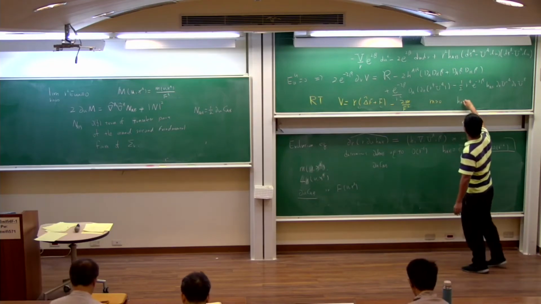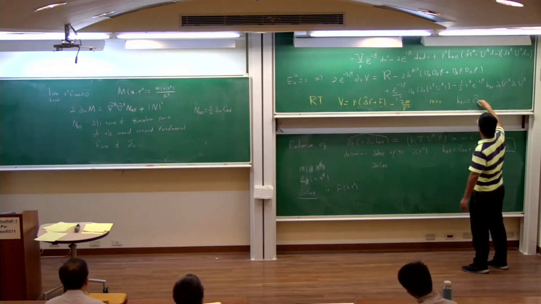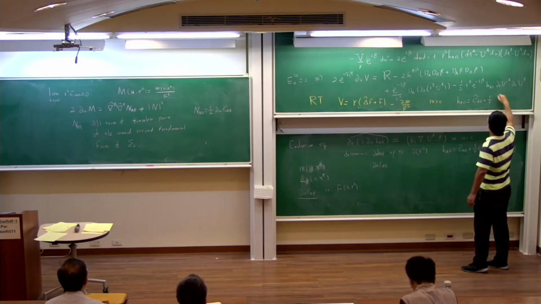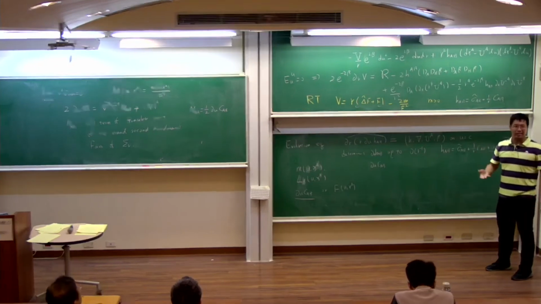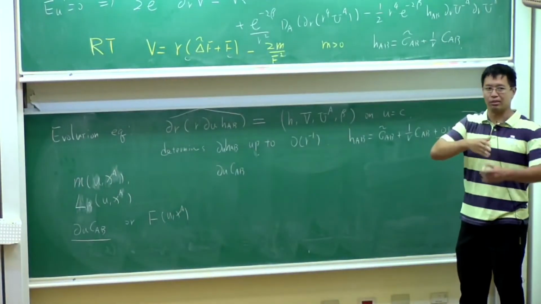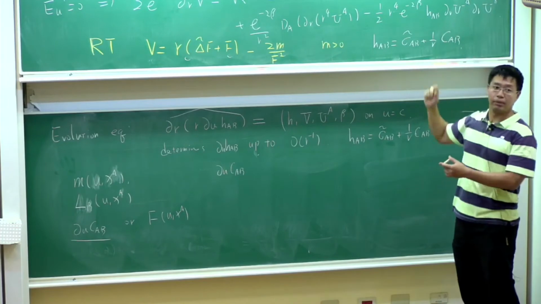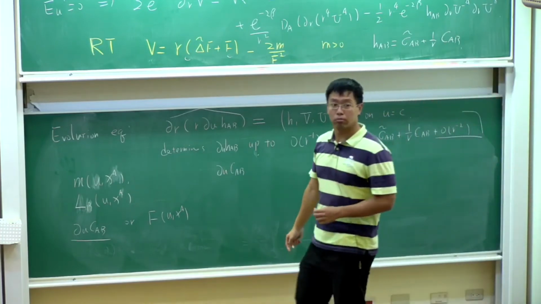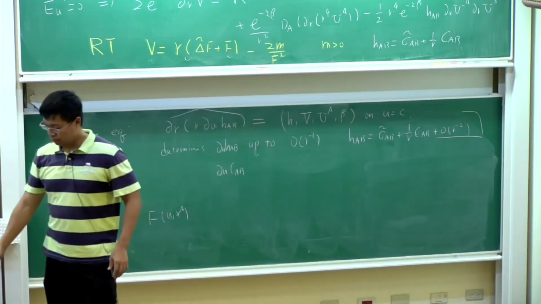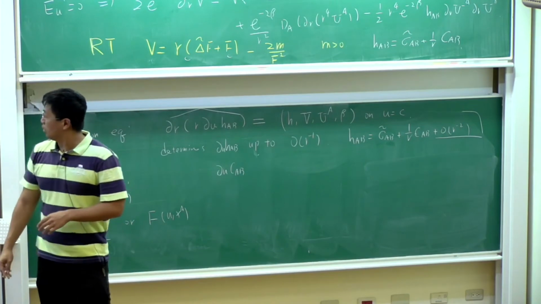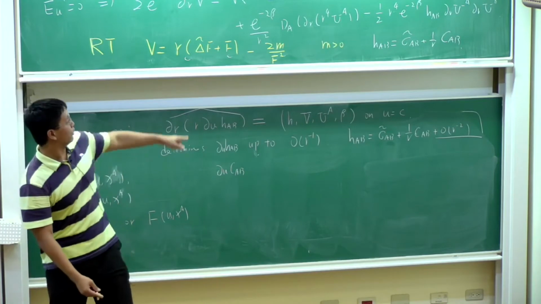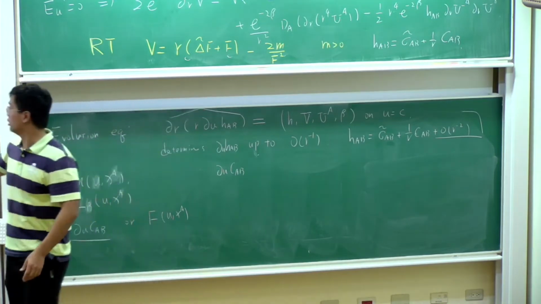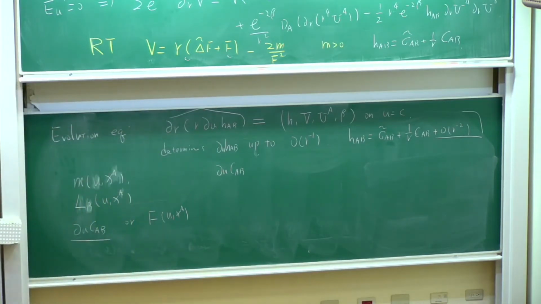This is my metric. The derivative in u essentially is the second fundamental form in the inward direction. So du of CAB is the leading order term of the traceless second fundamental form, and also CAB is traceless. So this is the leading order term of the traceless part of the inward second fundamental form.